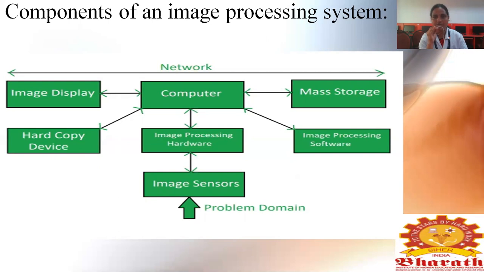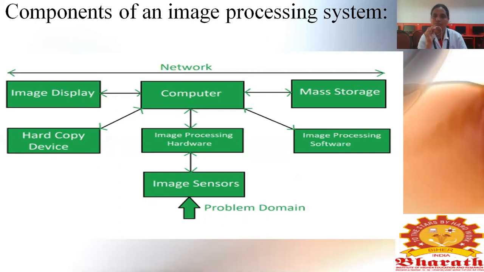In the hard copy devices we have the laser printer and digital cameras. Those are the hard copy devices where we record our images, which are used for our process. And mass storage is needed for storing the images.